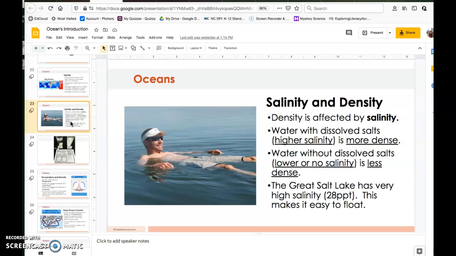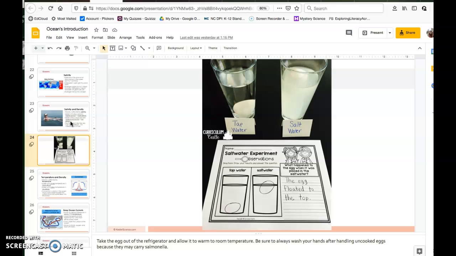Moving on though, so the relationship between salinity and density is that as my salinity increases, my density also increases, and as this next slide shows right here, more dense things sink. So if you look here at my egg, I've got regular tap water with no salt added. My egg right there will sink.